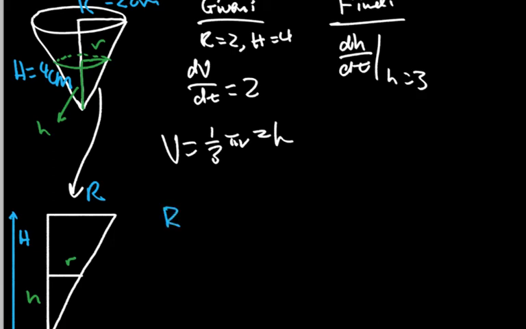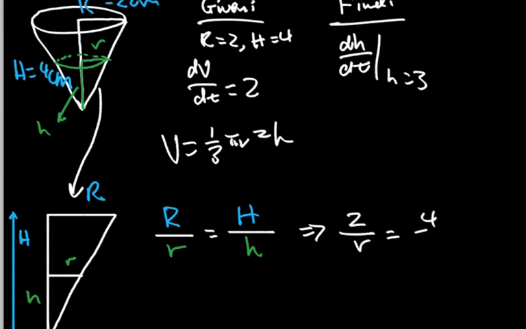Big R and big H are related in the same way as small r and small h are related. But we actually know the values for big R and big H, so let's just put those in. So 2 over r equals 4 over h.